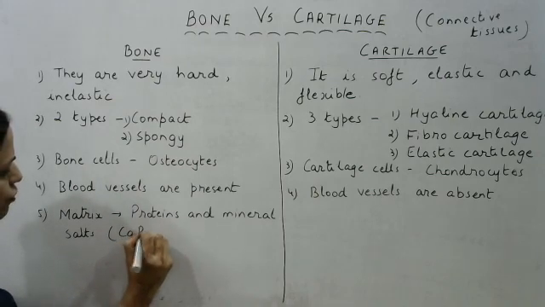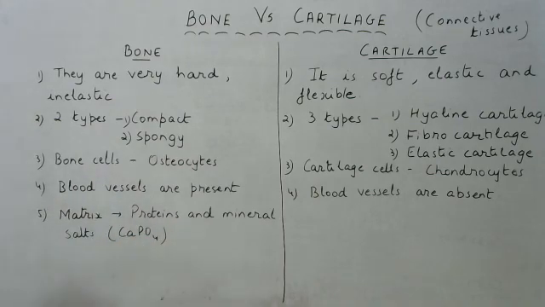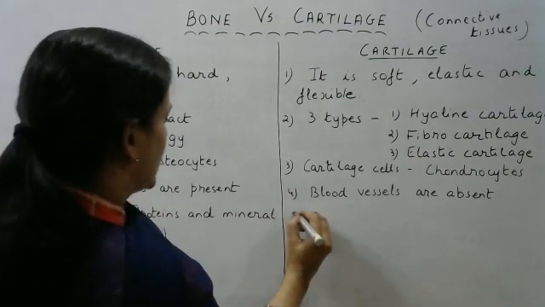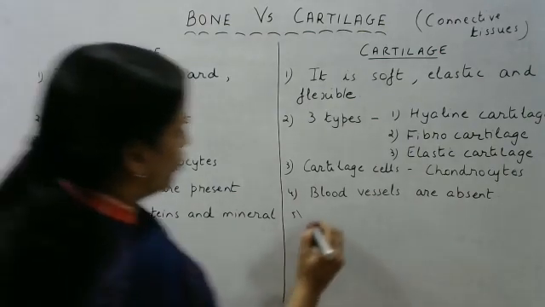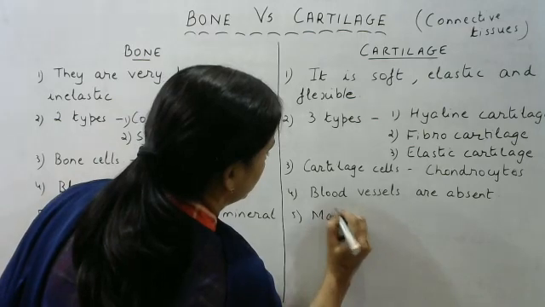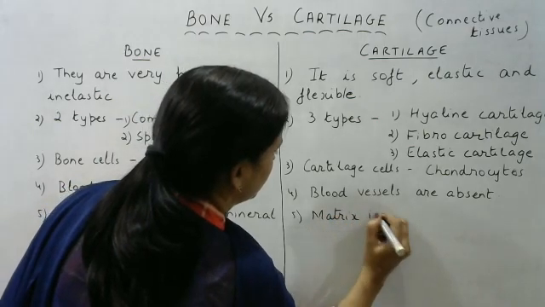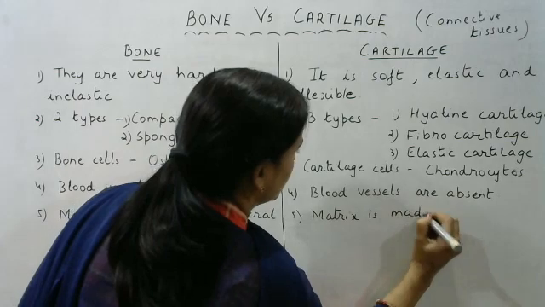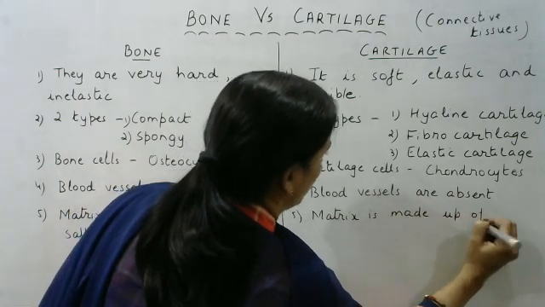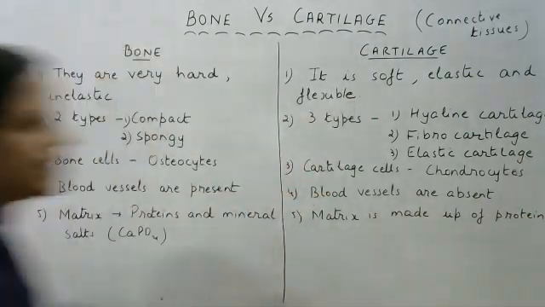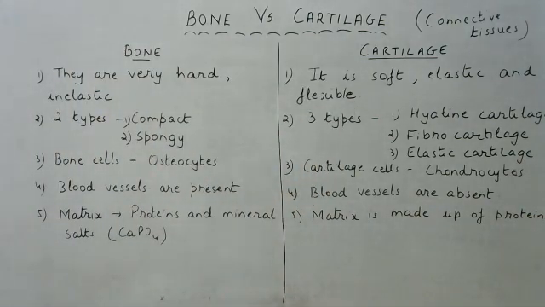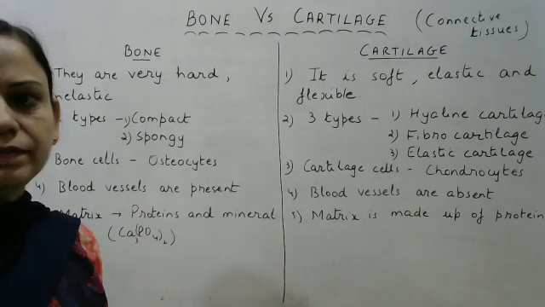So the formula for calcium phosphate is CaPO4. Whereas in case of cartilage, the matrix is made up of only proteins. So this is the fifth point of difference between bone and cartilage.